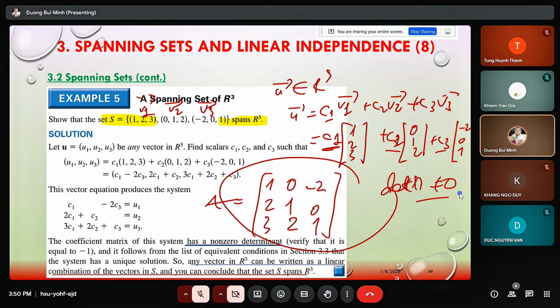Here we don't care what the vector U is. We just demonstrate that the system is consistent. That means we can express U as the linear combination. How can we do that? We calculate the determinant, different from 0. Then we say S is a spanning set.